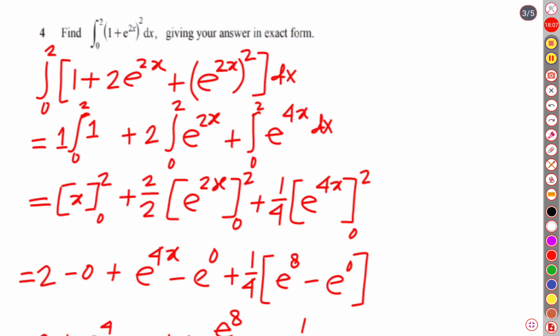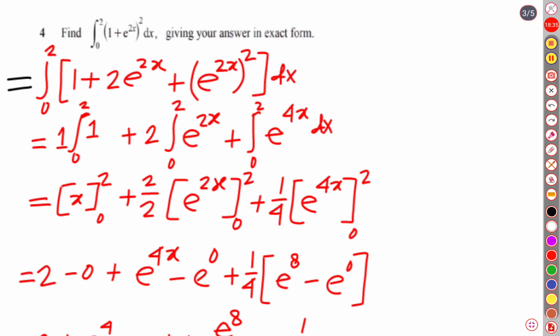This is also definite integration, which means the upper bound and lower bound of x have been given. So let's write the question. The question is, integral from 0 to 2 of (1 plus e raised to 2x) whole square dx. dx is mentioned because we are integrating with respect to x. That's why dx is written last of all.